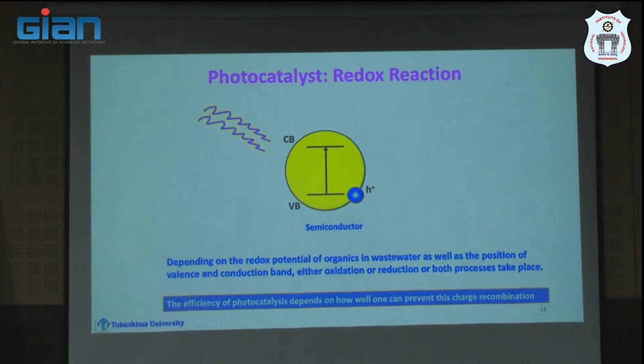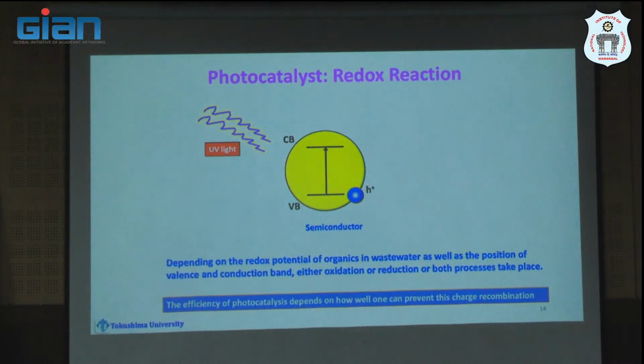While they move from the valence band to the conduction band, it creates the reduction and oxidation of charges. With the help of UV light we create this in the laboratory, but the natural sun can provide UV light directly. When we do photocatalysis in the laboratory, we cannot use sunlight directly.